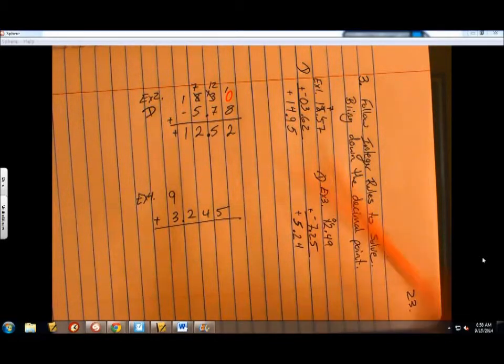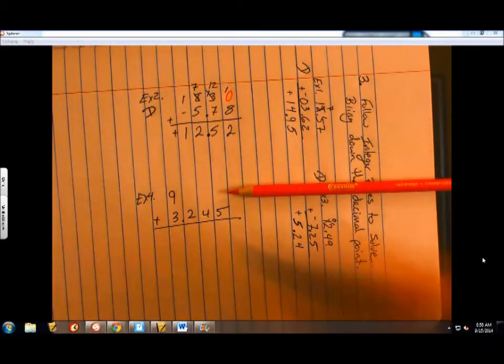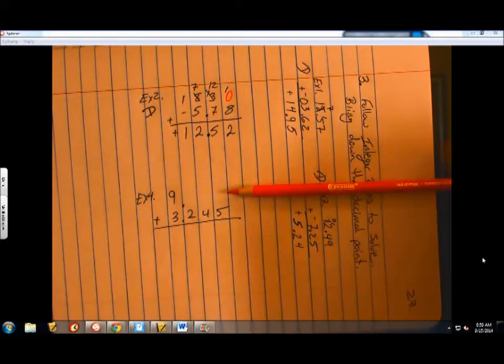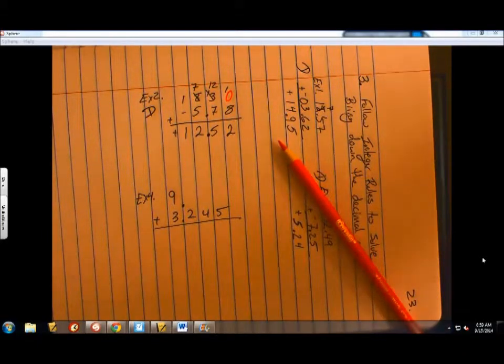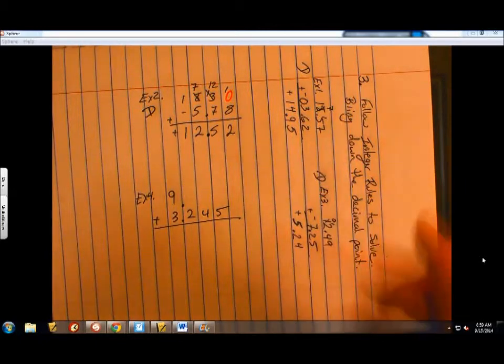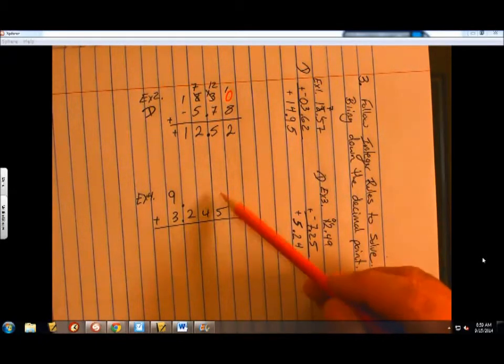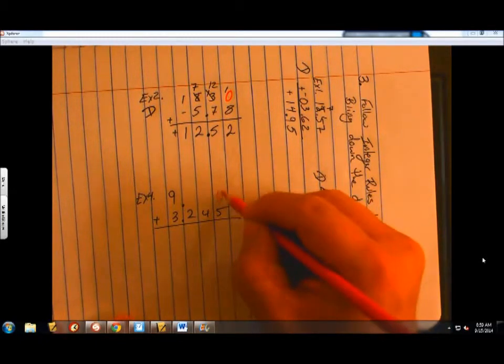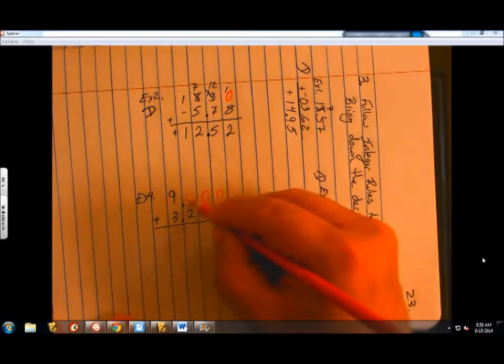So we take our red pencil, and I'm just going to write in the space savers. This time we don't have different signs, we have same sign, add. So we're going to add these two numbers because they're both positive. So it's going to be our space saver zeros.